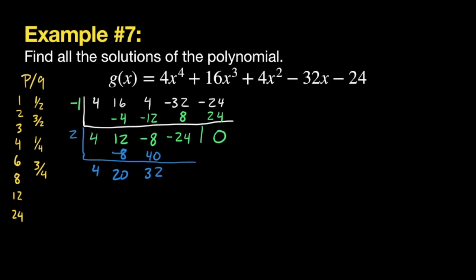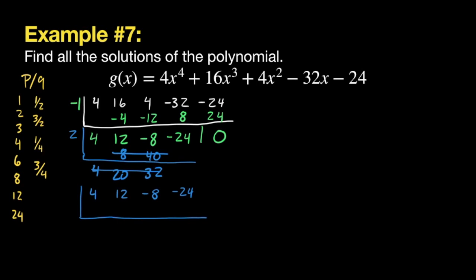So positive 2 is not working. So let's try again, but with a different number. And we need to keep using synthetic division in this case because we are not able to put it in standard form because it's not quadratic yet.